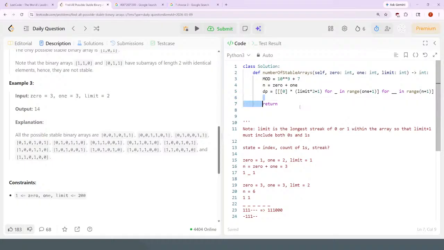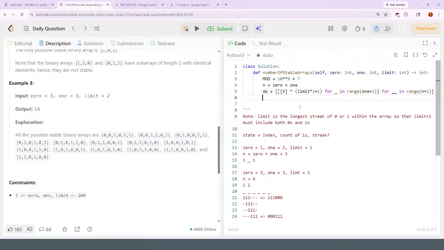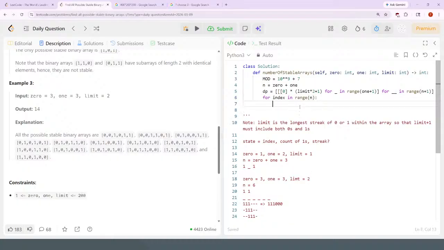Okay, so something like for every index in range, I guess this should be n. Zero goes to 1.